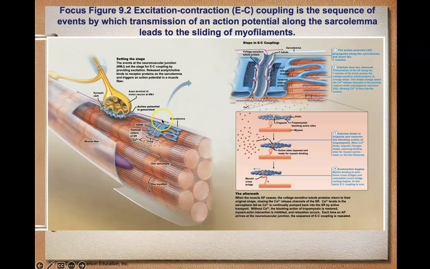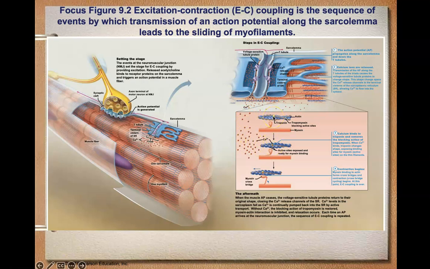As it propagates down the sarcolemma, it's going to propagate down these T tubules, stimulating the release of stored calcium. Remember, one of the main purposes of the sarcoplasmic reticulum in muscle cells is to store calcium. So it releases that calcium, which is then free in the sarcoplasm. It moves through the sarcoplasm and eventually finds a troponin molecule to bind to.